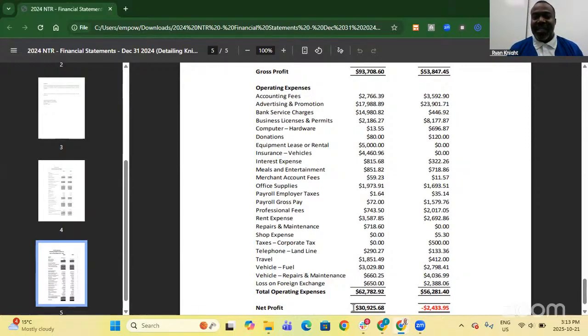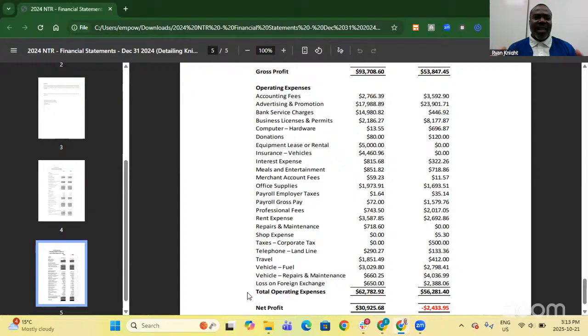And if your operating expenses is more than your gross profit, you would be operating at a loss. But if your operating expenses is lower than your gross profit, you're operating at a profit. So of course, our goal is to have a net profit. As you notice, hey, previous year we were at a loss, we had to make some changes, and then we were able to generate a profit.